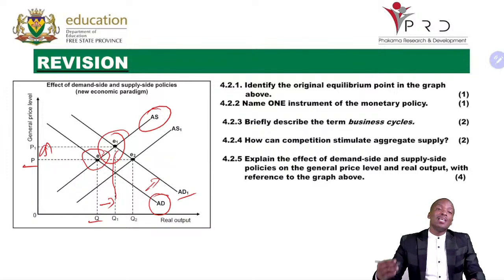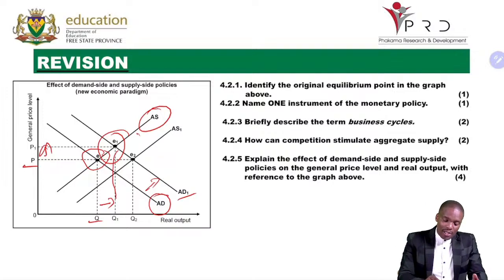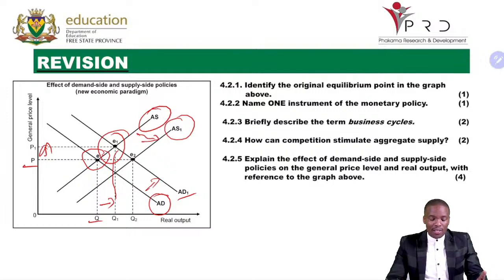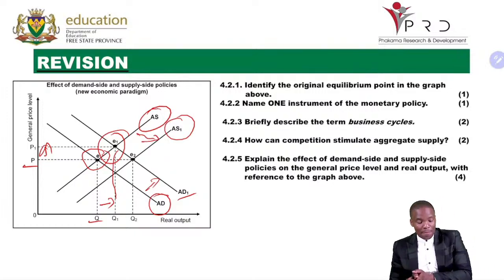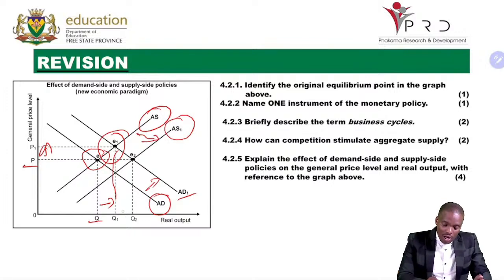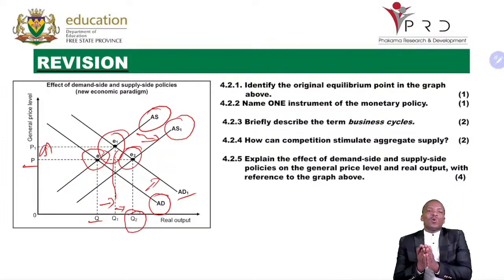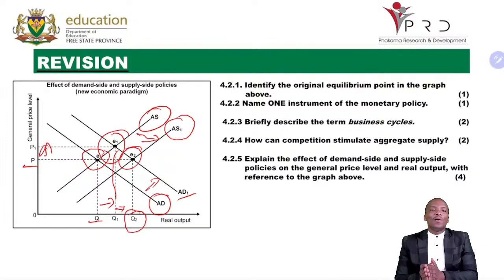So to avoid inflation increasing, we expect the supply to react to an increase in demand. Hence, you see the shift from AS to AS1. And in that way, it's good that quantity demanded still increased and quantity supplied still increased from Q or Q1 to Q2. A new equilibrium is formed at point E1. But there's something that is good about this.